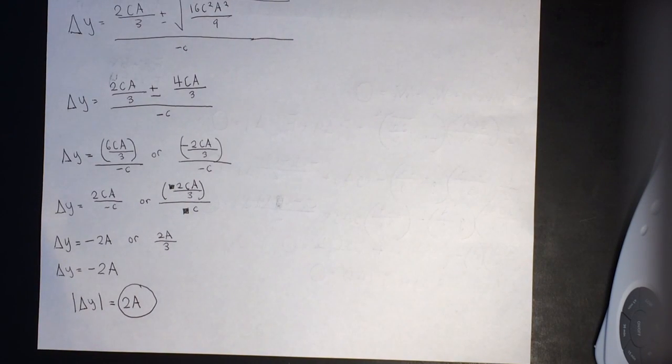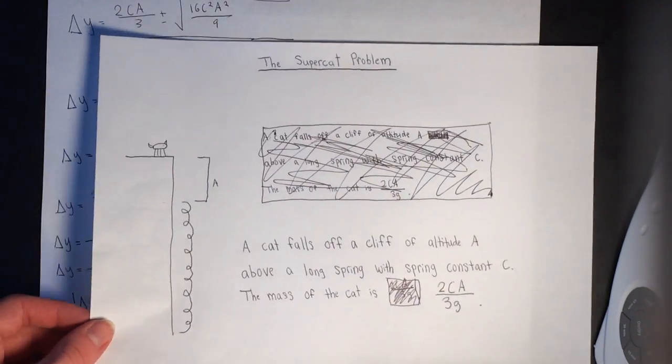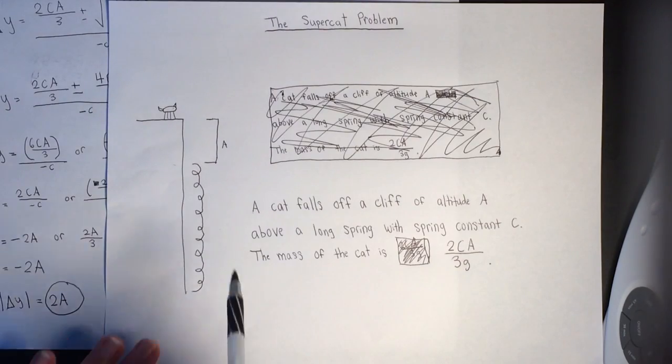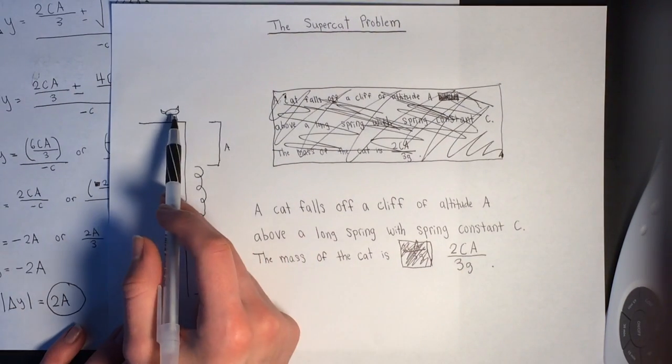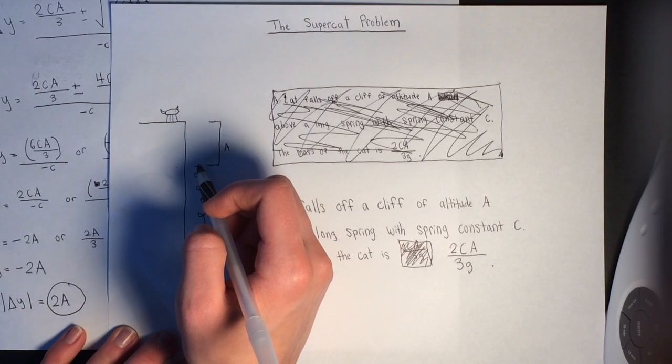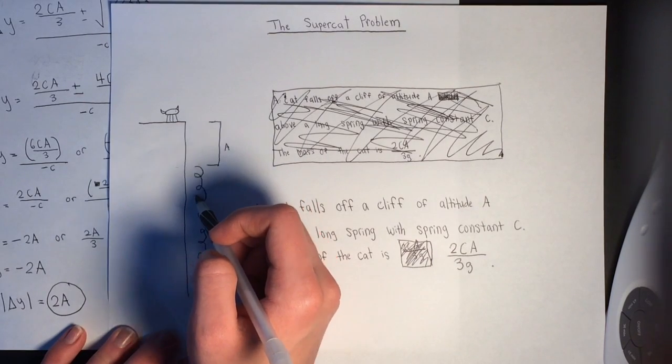Now, if you notice, that's kind of a weird answer in context. That's why I made the spring so long. The spring is going to compress by 2a. So here's a, the distance that the cat falls before it hits the spring, and then it's going to go down on the spring twice a.